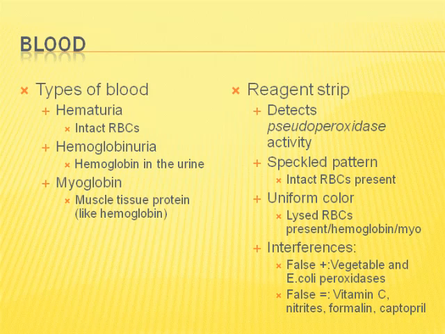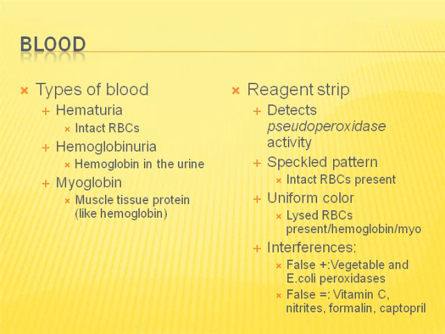The reagent strip will detect pseudoperoxidase activity, and we've already discussed the speckled pattern and the uniform color for hemoglobin or myoglobin. Interferences: false positives can be due to vegetables and possibly E. coli peroxidases.